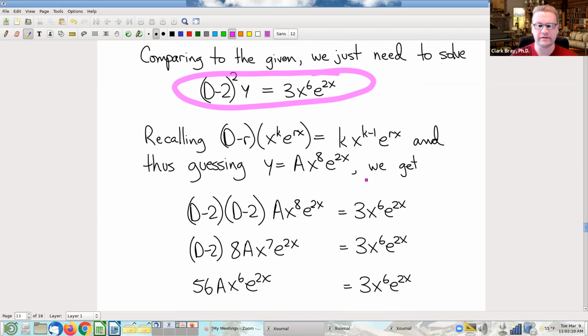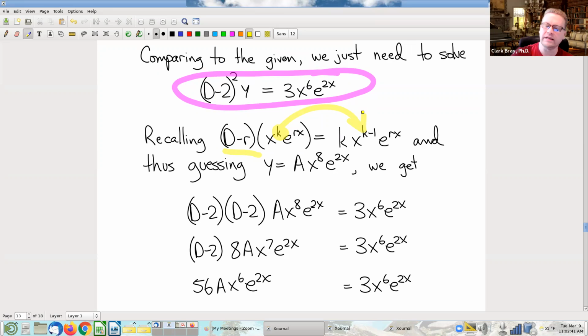Let's try to figure out, what is this thing that when I do a couple of d minus 2s to it, gives me this thing? And now don't forget what d minus r does here. Let me pick some other colors. What does d minus r do? Well, d minus r kills powers of x, right? A d minus r is just going to reduce the power of x by 1.